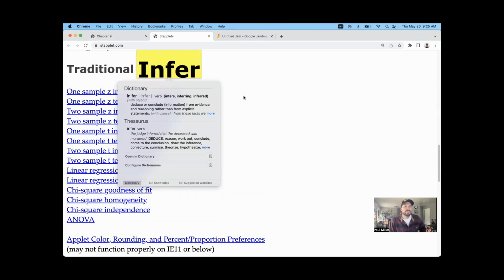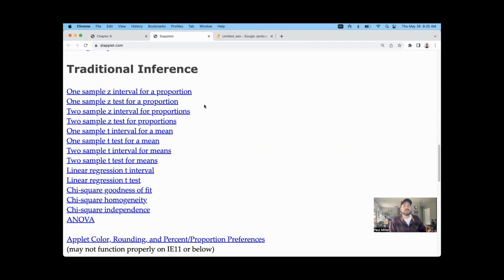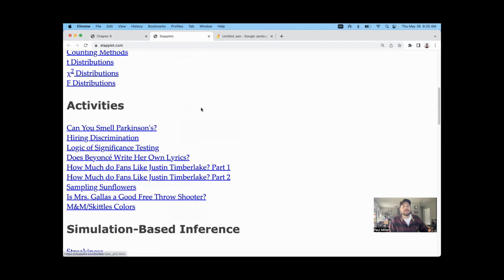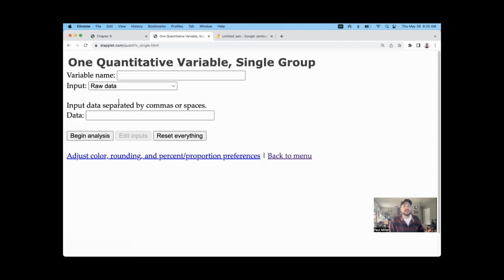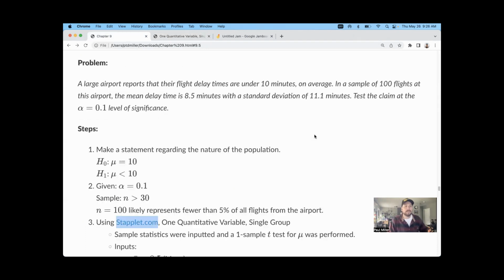So infer is to deduce or conclude from evidence without the entire story. And so you can look down there, but what I tend to do is just pick either one categorical variable single group or one quantitative variable single group. We've got a quantitative variable. We don't have raw data. We've got a mean and standard deviation.